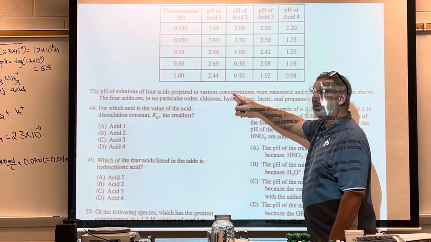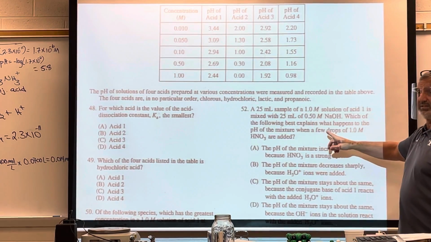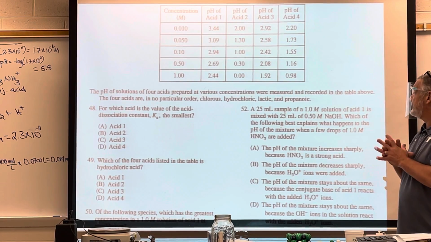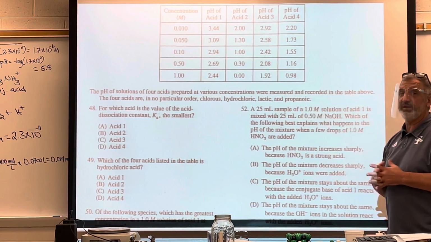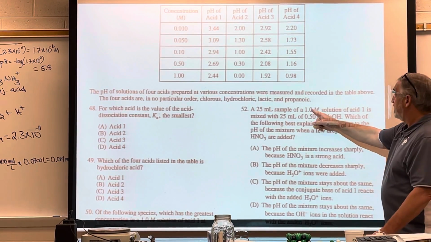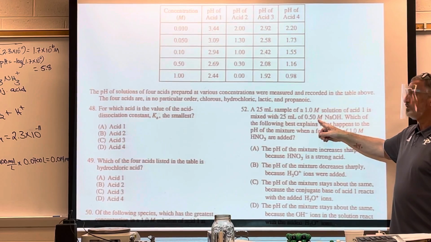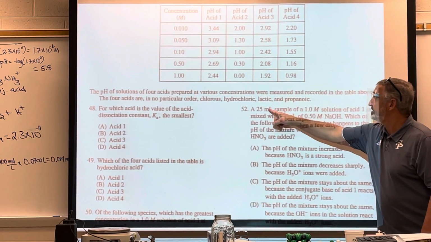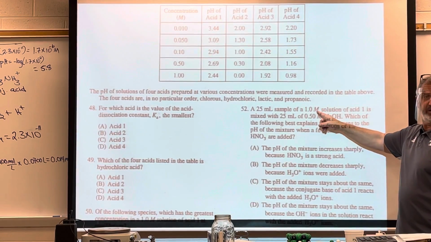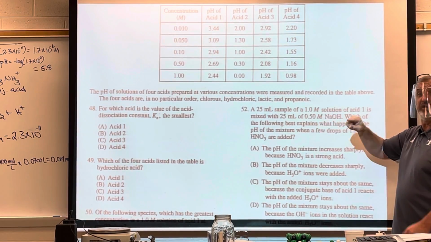So you're going to put a weak acid with a strong base. Does anybody see what's the difference here between the acid and the base? The concentration's half, right? So if I add in equal amounts of acid and base, but one is half as strong as the other, where are we in our titration?